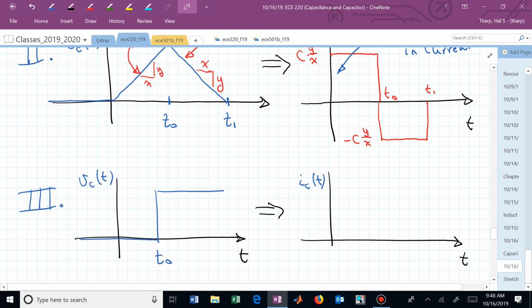Which means we now need to recall our mathematical way of capturing that idea, and that's to create this impulse, a Dirac delta function, A delta, that occurs at the transition in voltage at t sub 0.